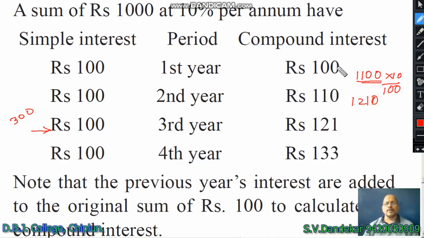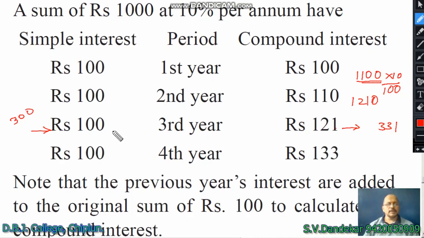The total amount for the third year is 1210, and the interest at the rate 10% on this amount is 121, and the total compound interest is 331.